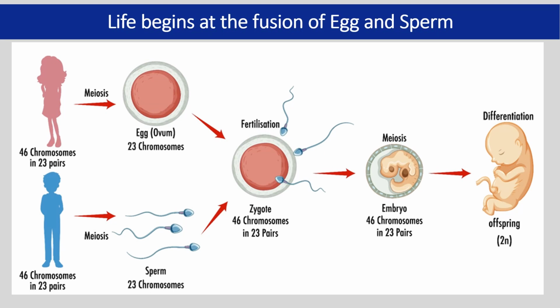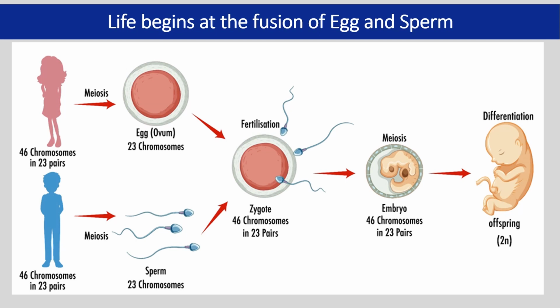Life begins when the egg is fertilized by the sperm and forms the zygote. The zygote is now diploid because it has a 2n set of chromosomes. So it will have a total of 23 pairs of chromosomes, and each parent contributes one set of chromosomes.